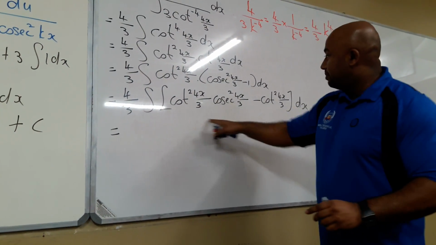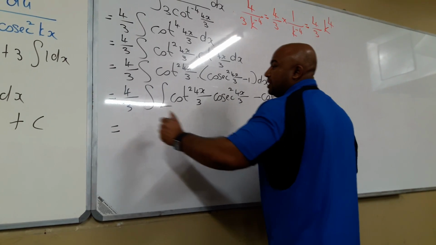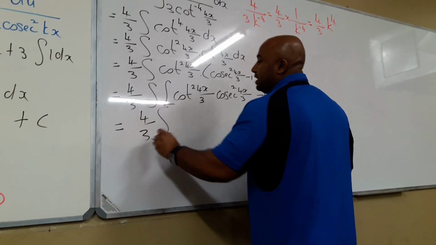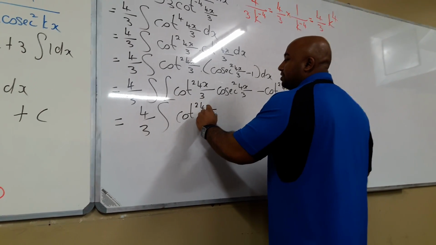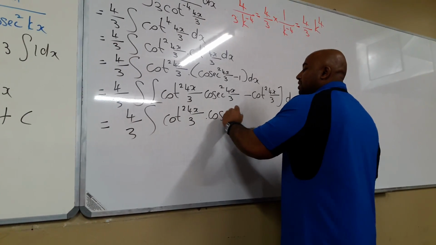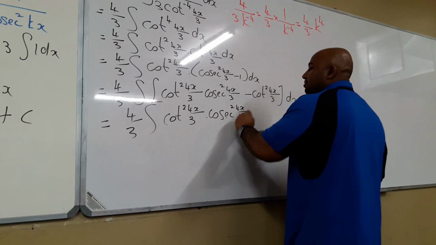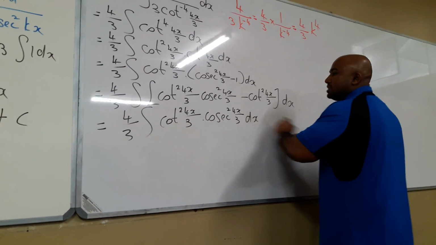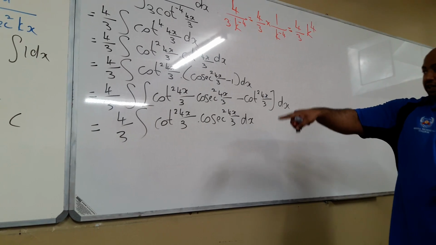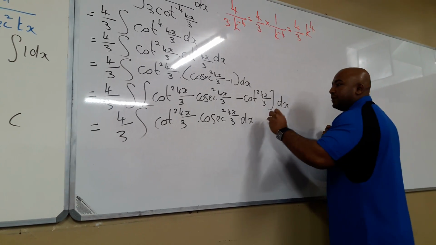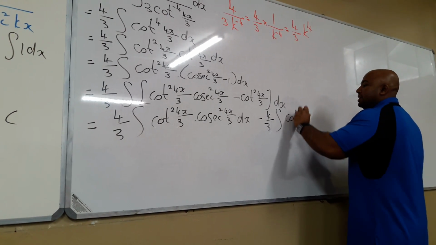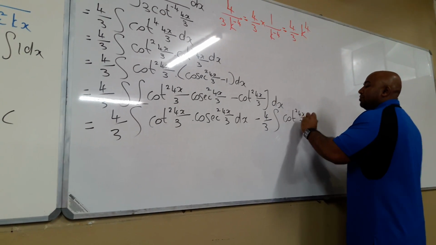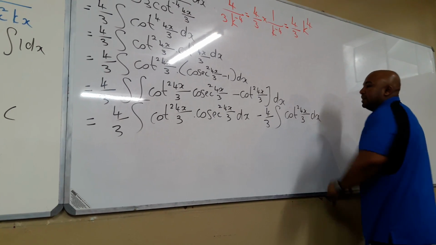So now I have to separate this here, so I'm going to multiply out. So that will be 4 over 3 times the integral of cot squared 4x over 3 times cosec squared 4x over 3 dx. And then 4 over 3 times cot squared, that will be minus 4 over 3, and that is cot squared of 4x over 3 dx.